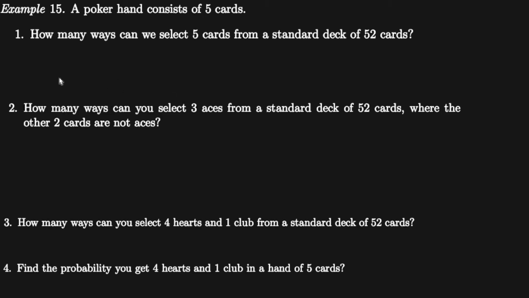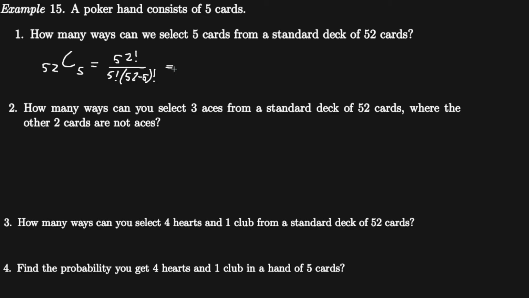So this is another form of combination where we have 52 cards, choose 5, which is 52 factorial over 5 factorial times 52 minus 5 factorial.